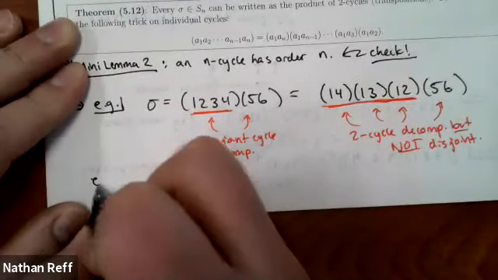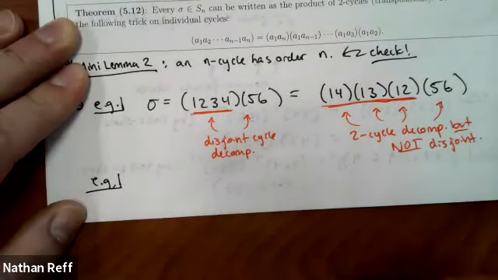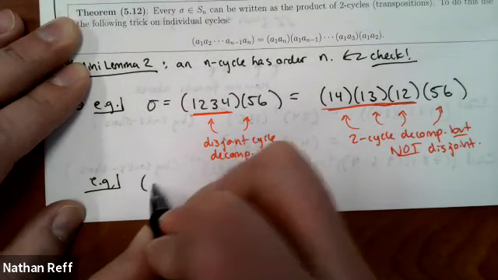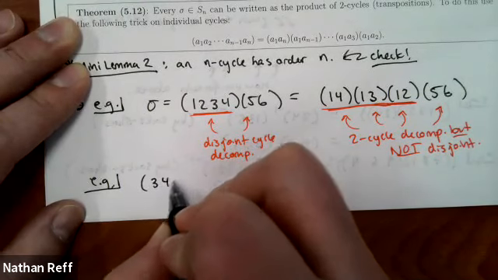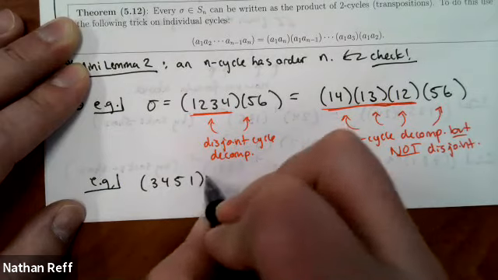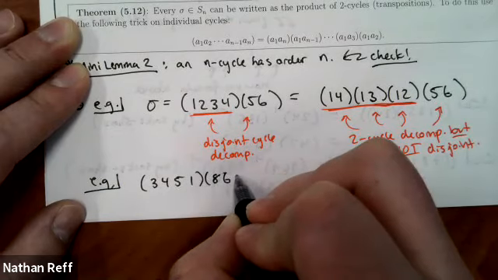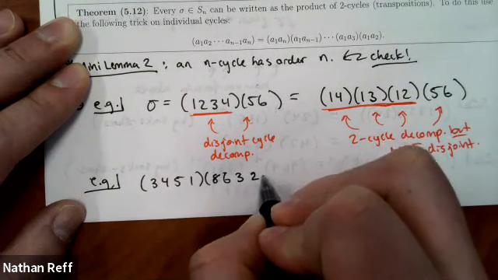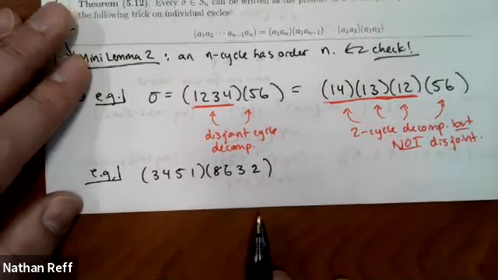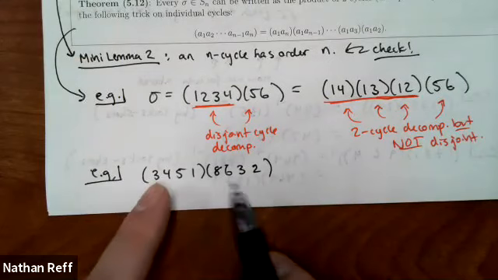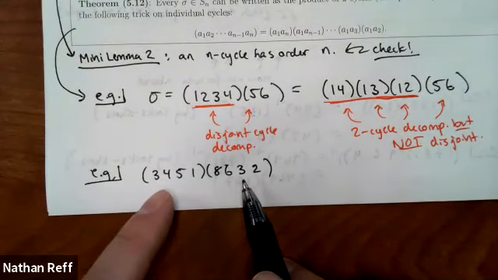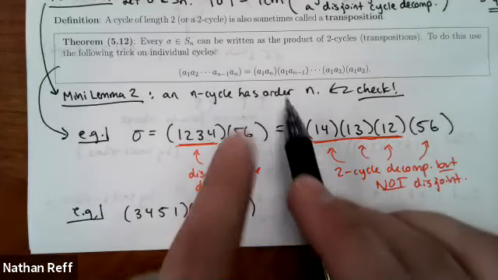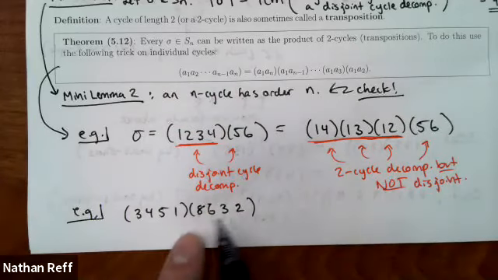So another example, we could just make up something. Let's say (1 3 4 5)(2 8 6 3). Now, even though this is not disjoint, I could still use this trick. There's nothing preventing you from doing that. You just use this trick on individual cycles.